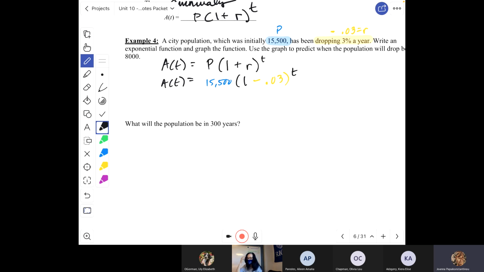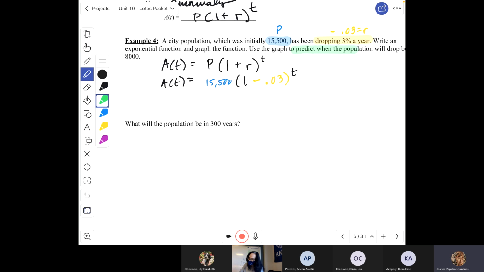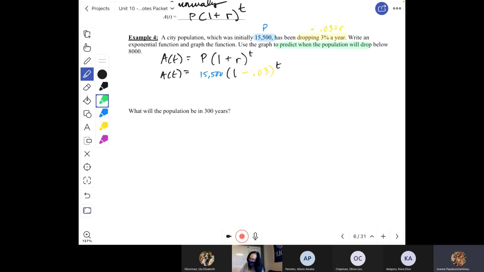Now, you are using a graph or the equation to predict, so we're doing predictions from this equation when the population will drop below 8,000. So we're solving for what variable? If I want to predict when, we're trying to find t.